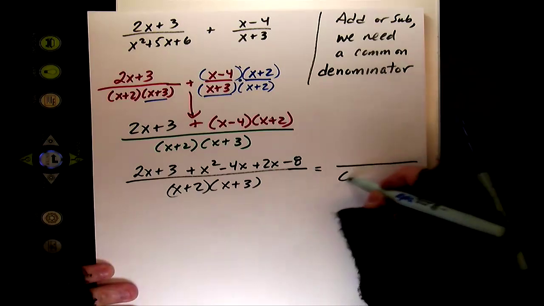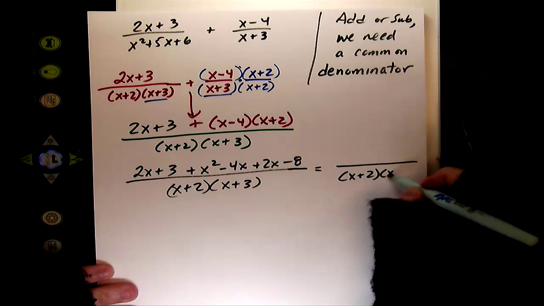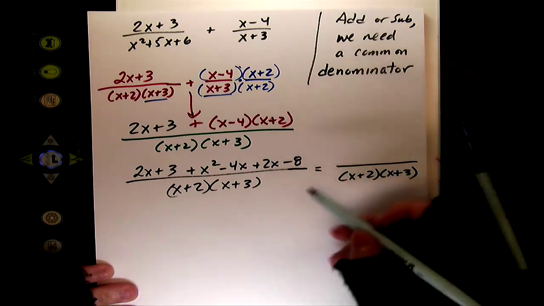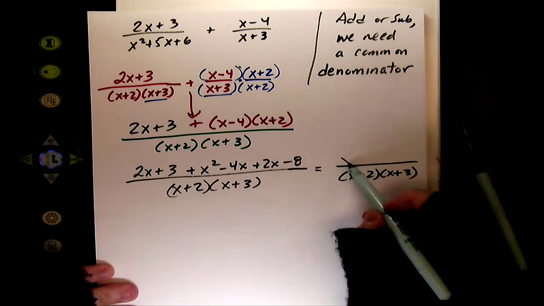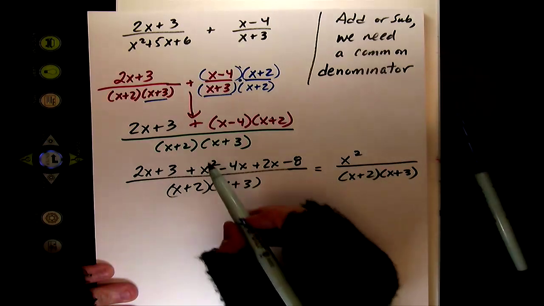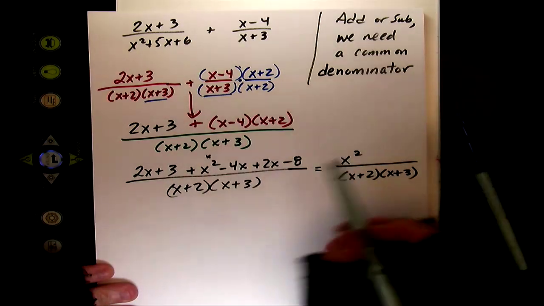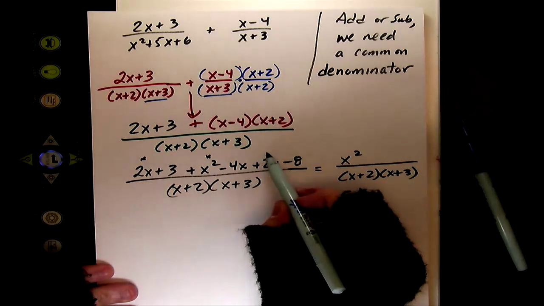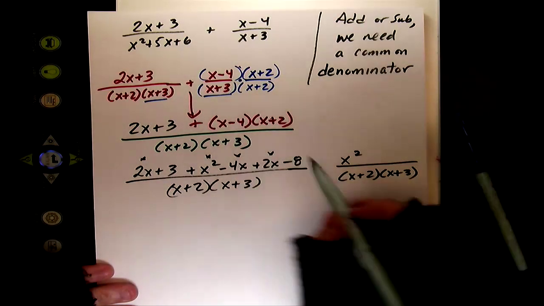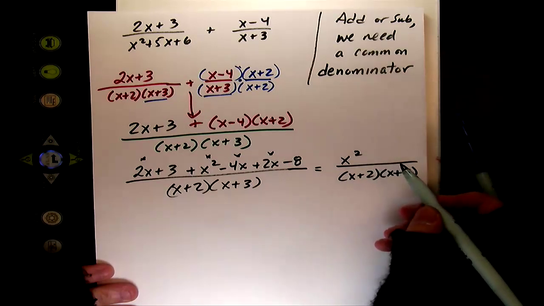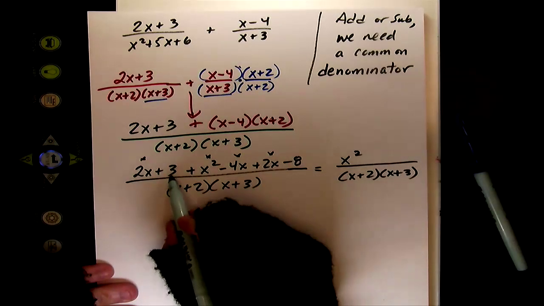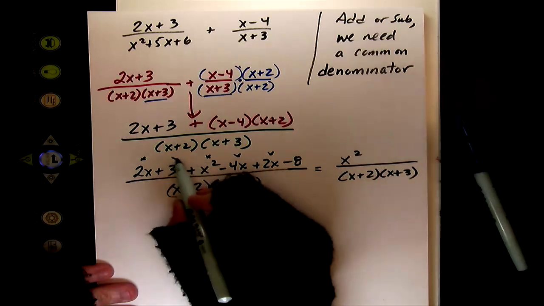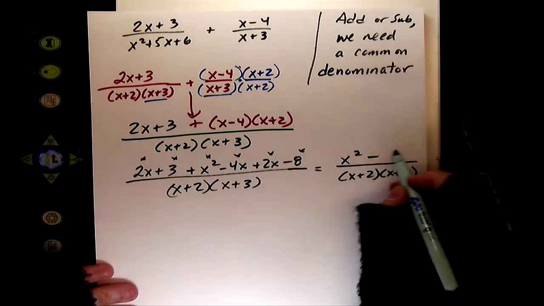And when I simplify all that out, combining like terms on top, I have an x squared. I have a 2x, another 2x is 4x, and minus 4x is 0x. That's handy. And I got a 3 minus 8 is minus 5.